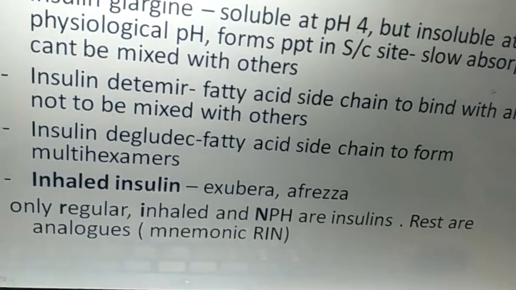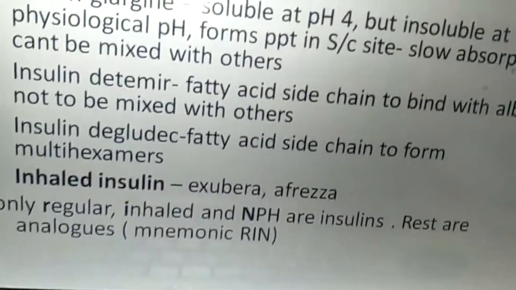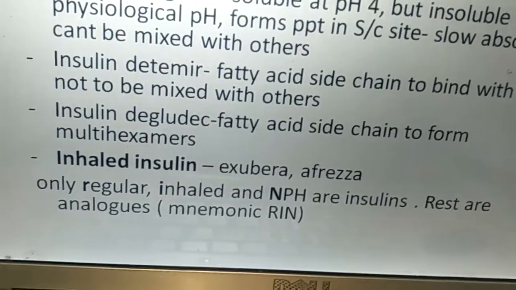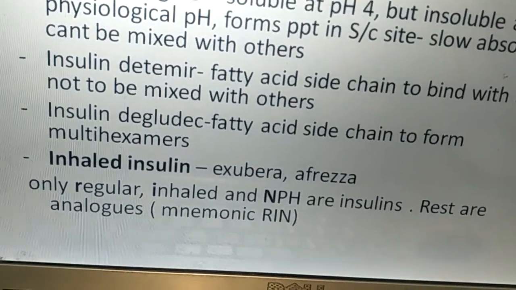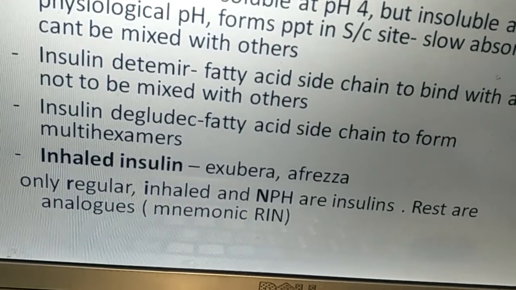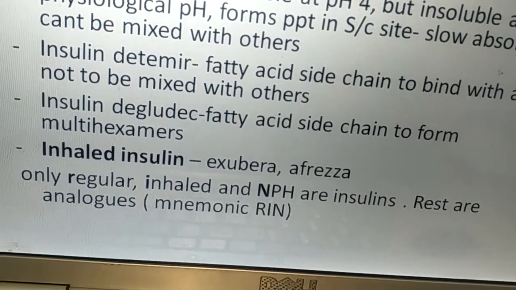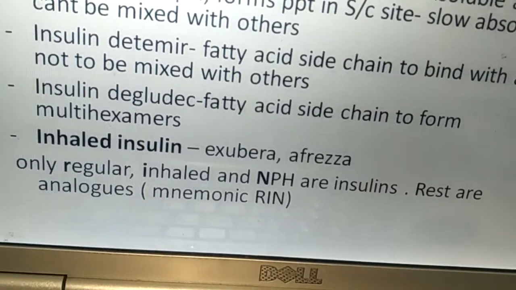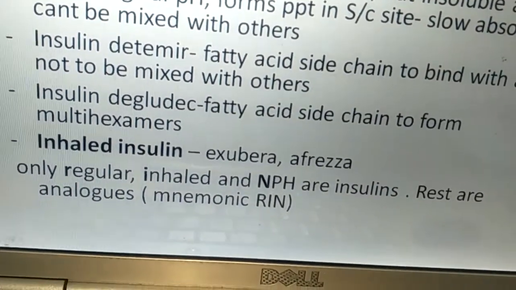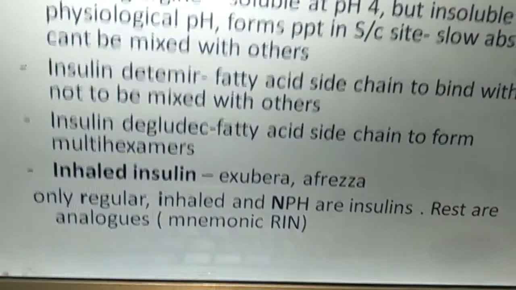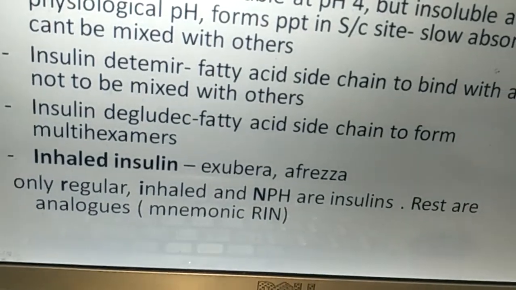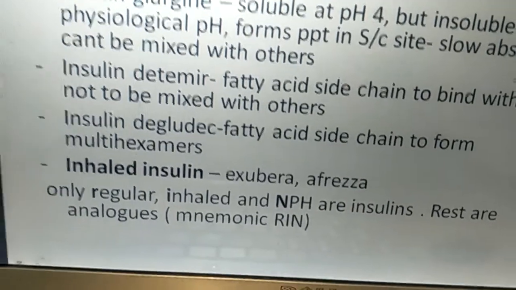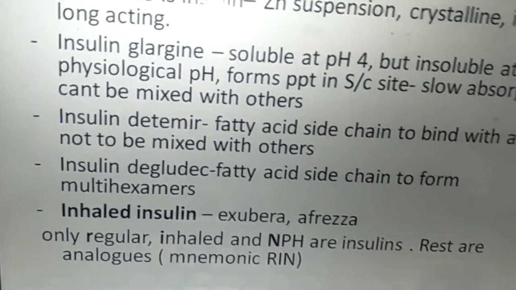insulins. Now if you see, out of all these preparations which we have discussed, only the regular insulin, the inhaled insulins and NPH are insulin preparations. Rest everything we have discussed is insulin analog. Analog is one which has been prepared by genetic engineering techniques to get some favorable pharmacokinetic properties.